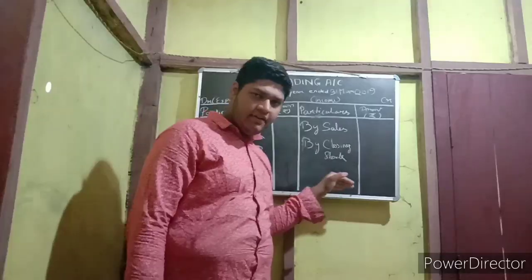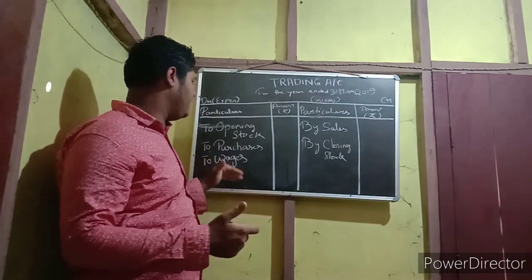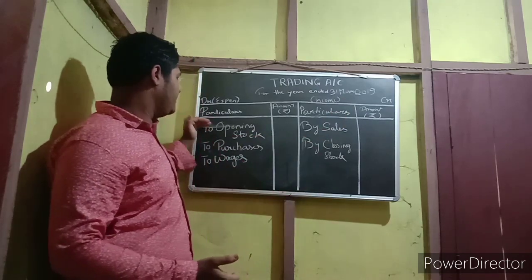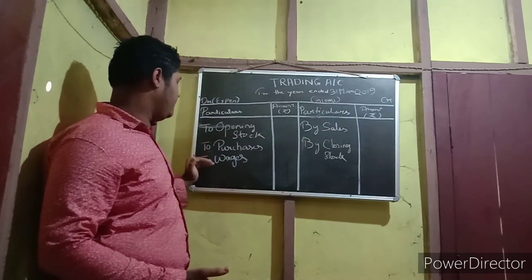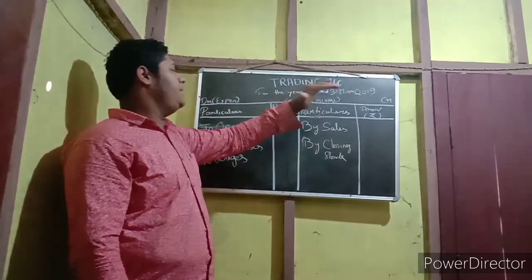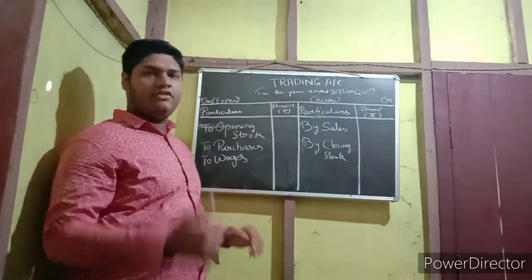So these are the entries in the trading account: opening stock, purchases, wages and many more on the debit side, which we will see in the practical, and sales and closing stock on the credit side.